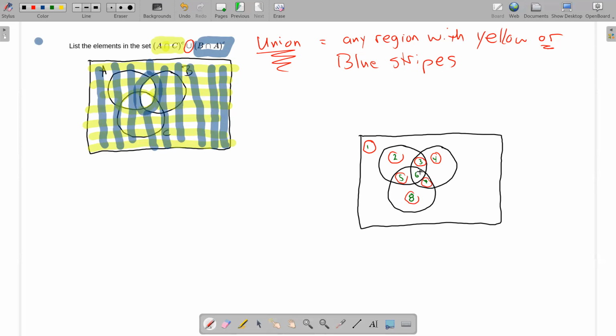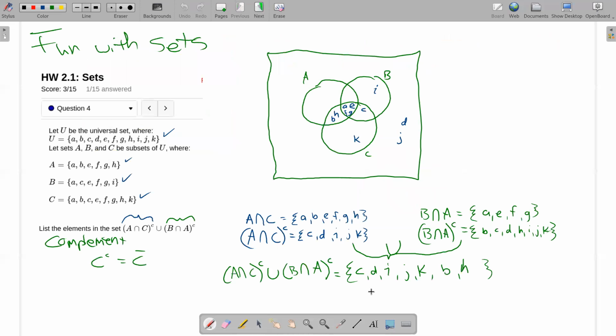Everything except that right there. So now let's double check that solution. If I look back at where I wrote all of the elements, my claim is that this set down here is everything except A, E, F, and G. Right? A is not in there, E is not in there, F's not in there, and G's not in there.